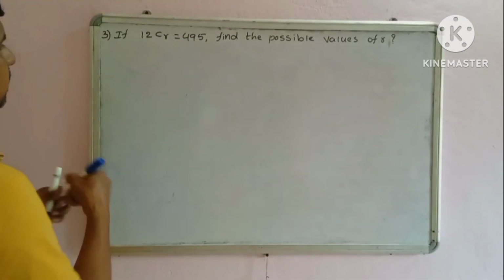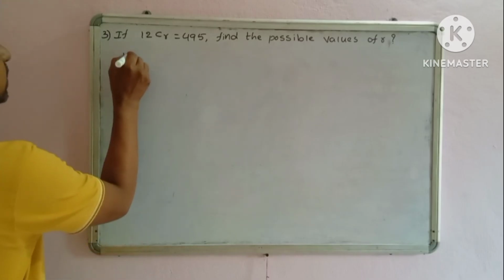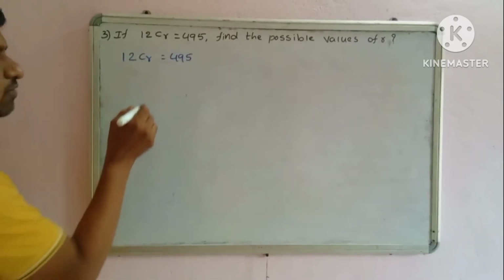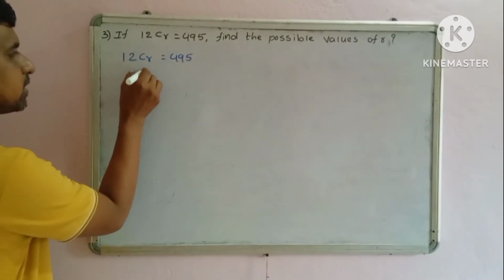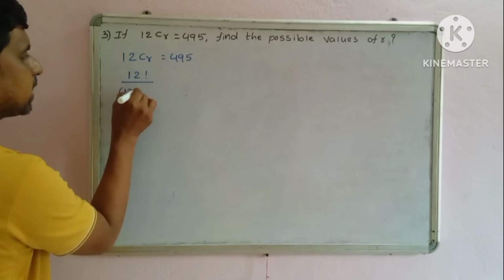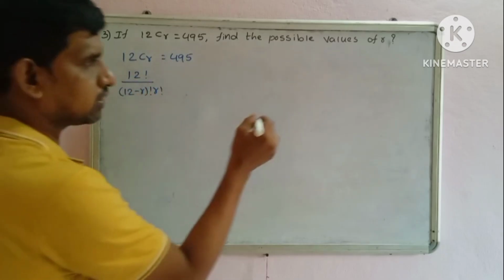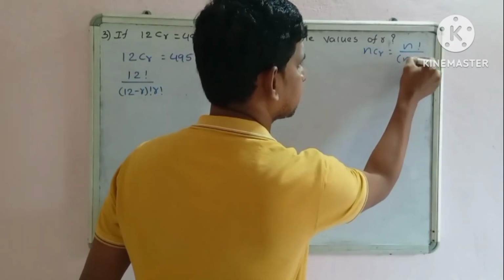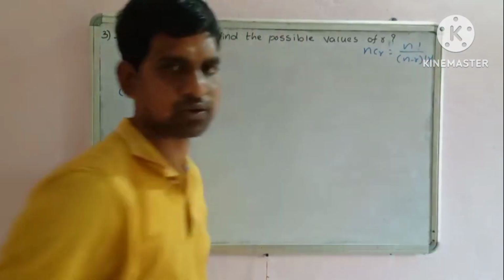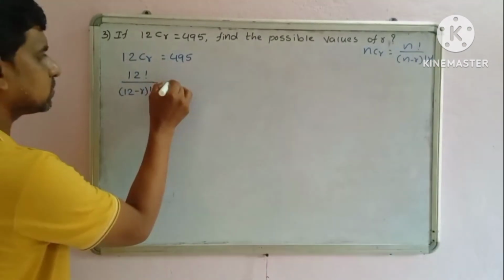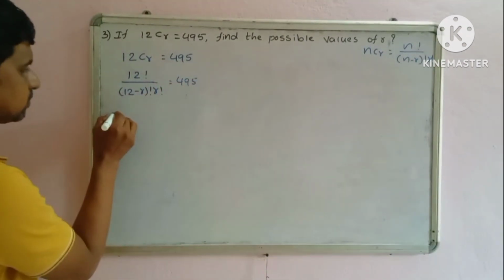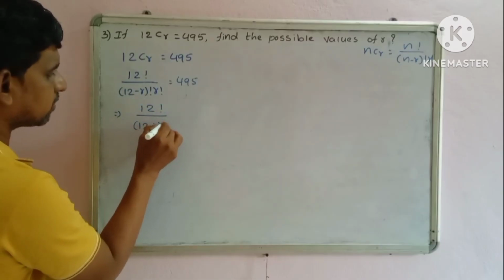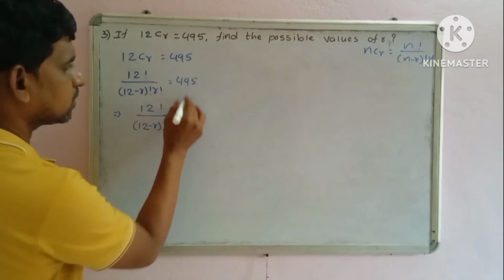So 12Cr equals 495. The NCr formula is n factorial by n minus r factorial times r factorial. So 12 factorial by 12 minus r factorial into r factorial equals 495.